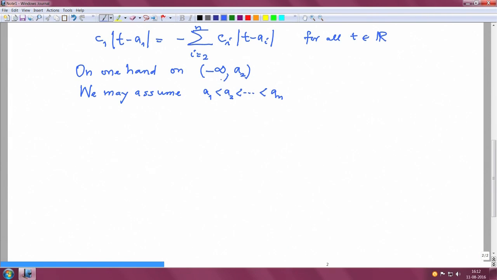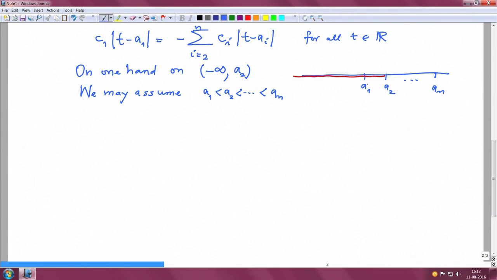So, on the interval minus infinity to a2, they are numbered like this. This is a real line and this is a1, this is a2, and so on, they are increasing, this is an, and so I am looking at this open interval.